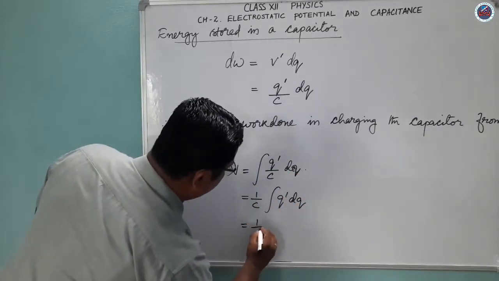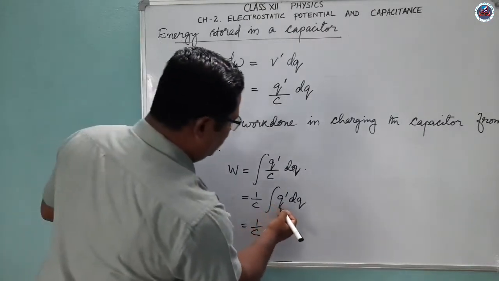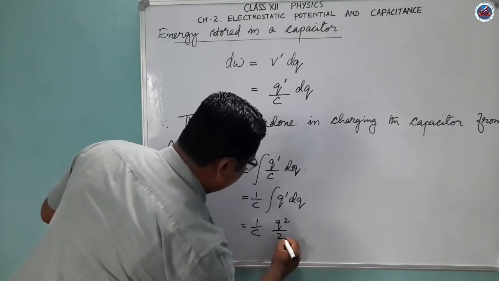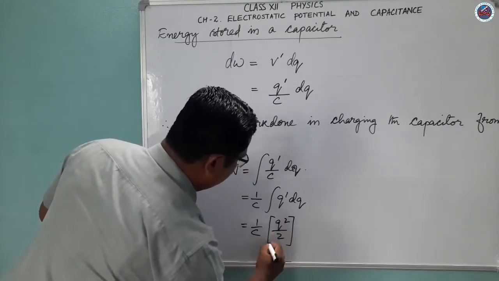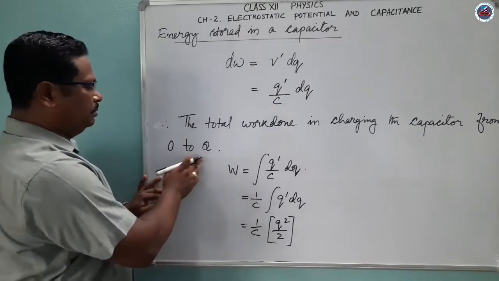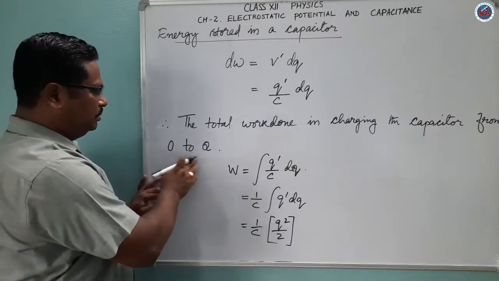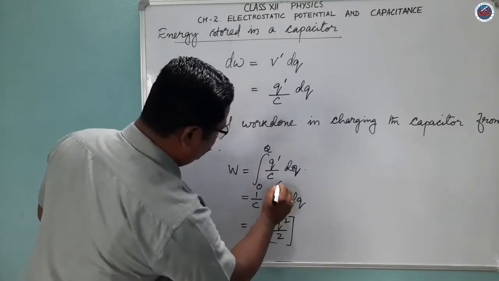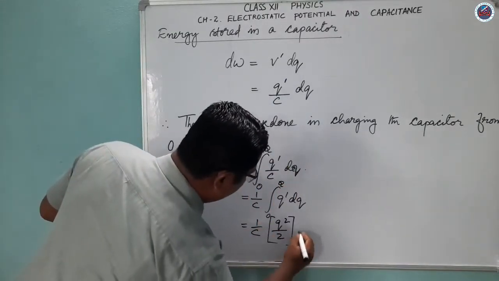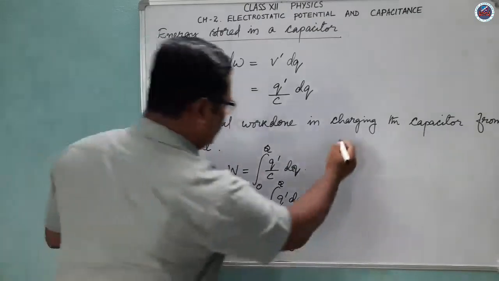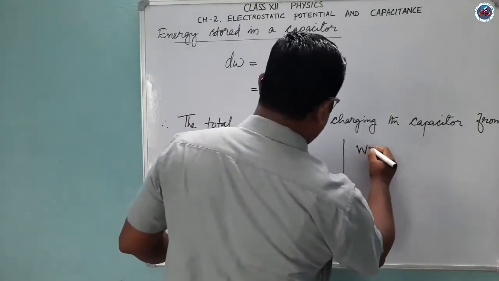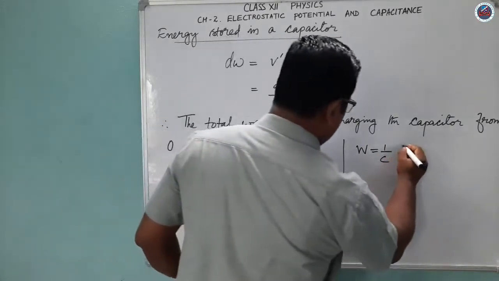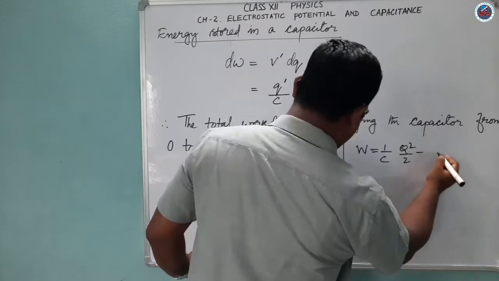This is 1 by C integration of Q dQ. That will be Q squared divided by 2, within the limits that we are taking here, from initial charge 0 to full charge, which is Q. The limits are from 0 to Q. Then work done is equal to 1 by C, put the upper limit, that is Q squared divided by 2, minus 0.